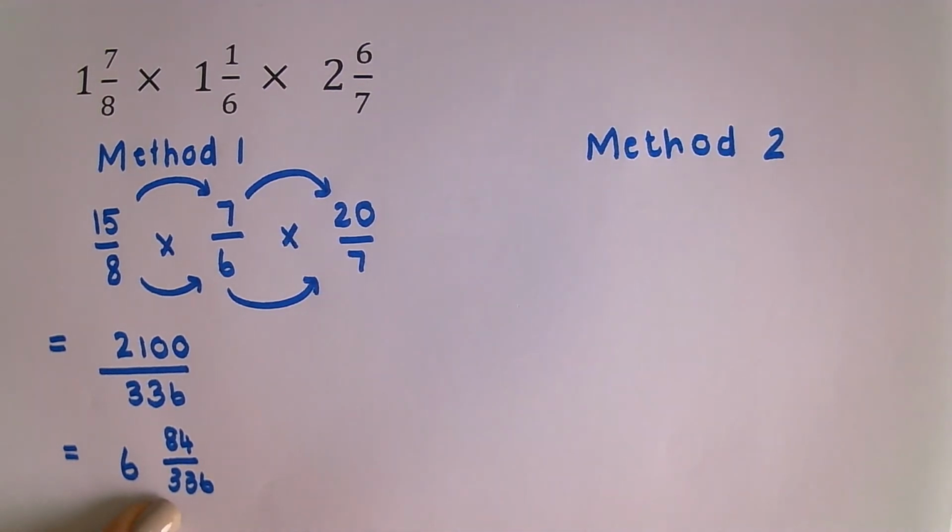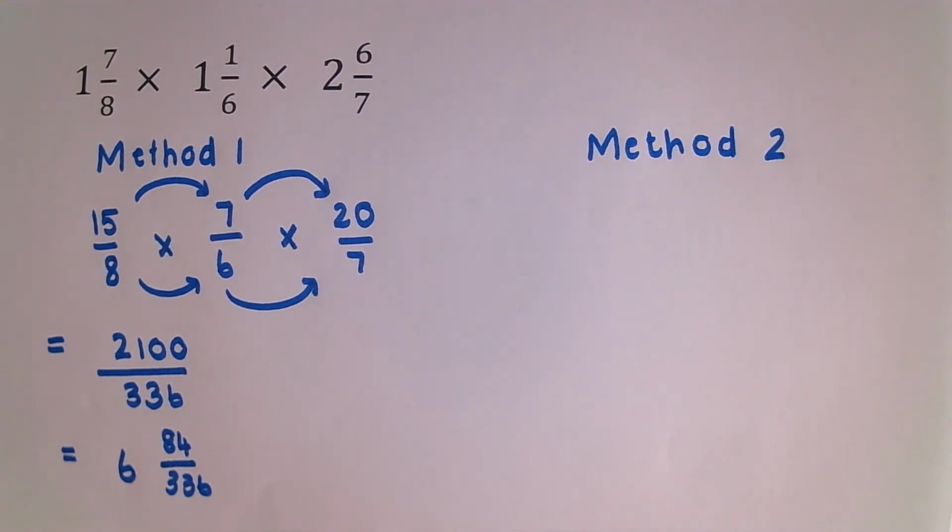Now if you want to, you can try and find out what number goes into both of them. This is where it becomes more challenging, because I don't know what numbers can go into 336. So we're going to work with 2 or even 4. Let's see if 4 can go into both of them.